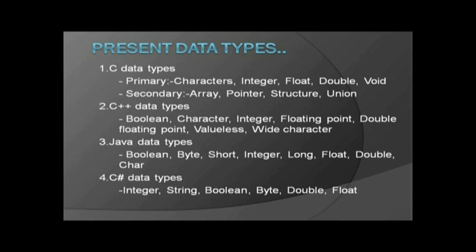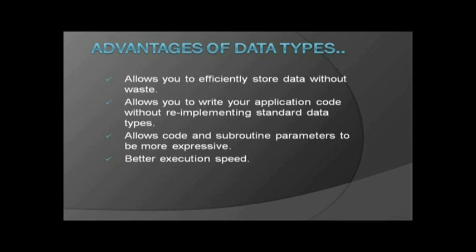C# data types are integer, string, boolean, byte, double, and float. Advantages of data types: allows you to efficiently store data without waste, allows you to write your application code without re-implementing standard data types, allows code and subroutine parameters to be more expressive, and better execution speed.